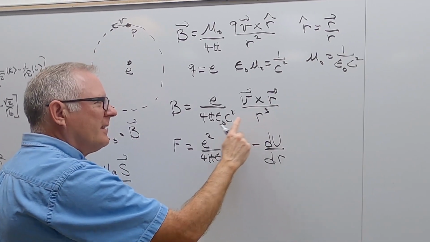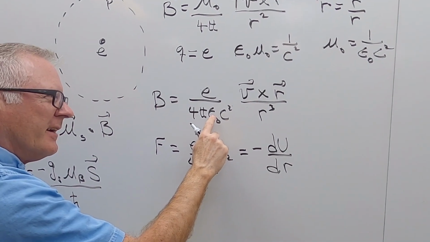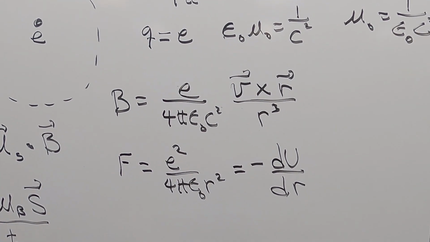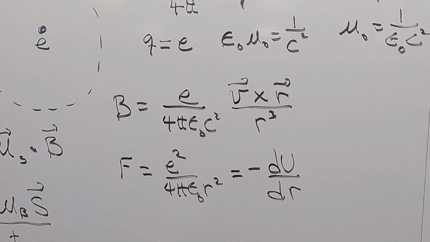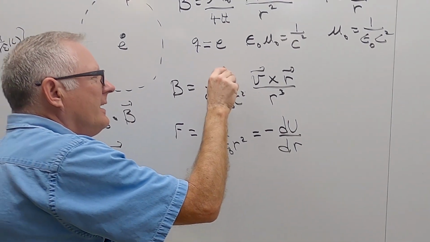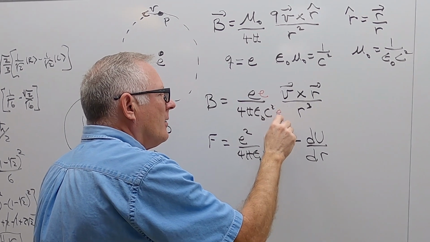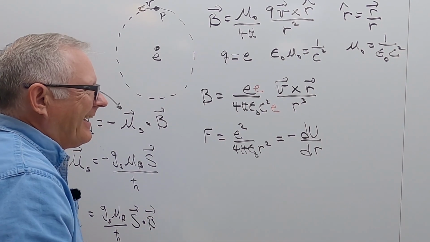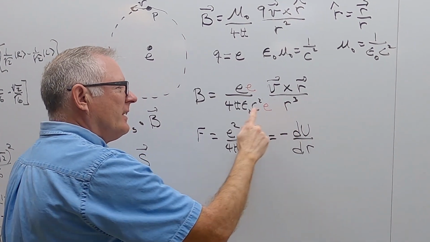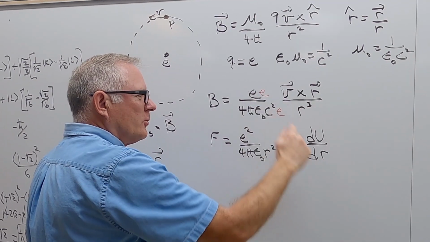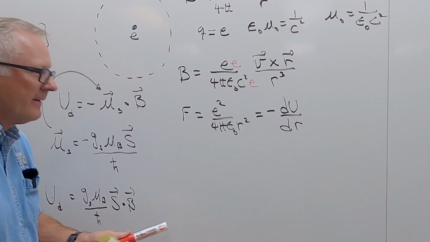I'm going to pull two of the R's out over here, and I need another E up there. So I'm going to put in another E here, and I'll put another E down below. And I'm going to pull two of the R's over into here. So this right here would be the force, which is given by that.